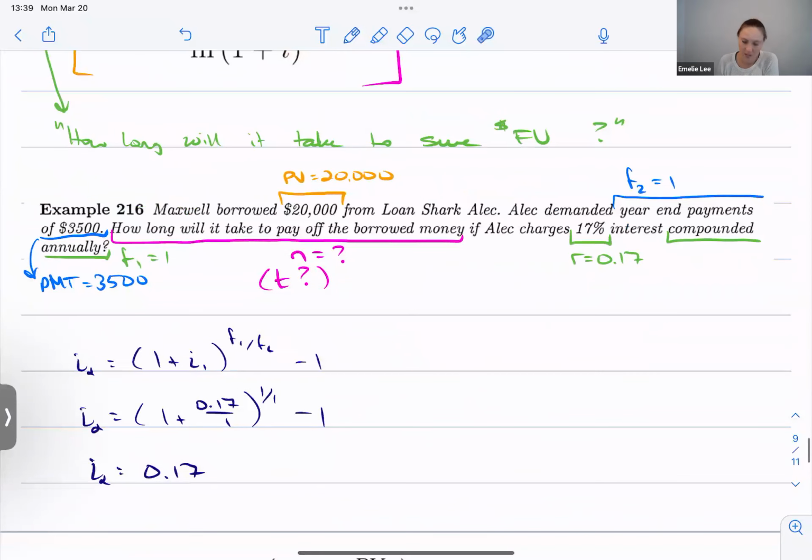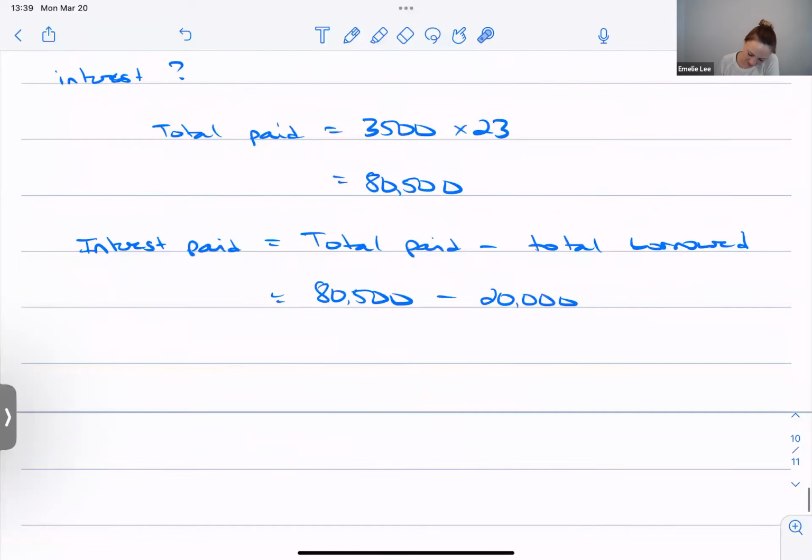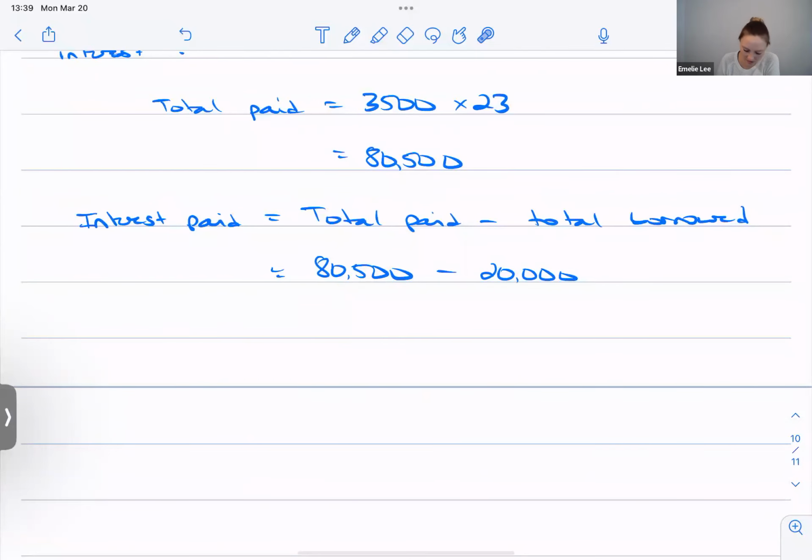Maxwell borrowed $20,000, but in the end, after 23 years, he's finally going to be paid up, but he'll have paid $60,500 in interest. Barf. Okay.